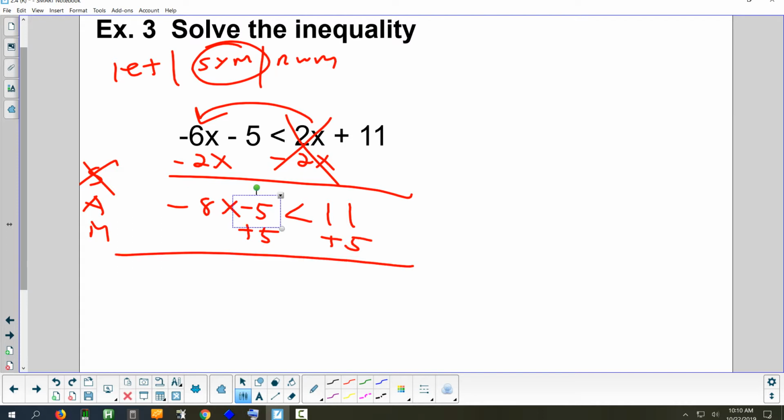Mackenzie, negative 5, plus 5. What happens? They're gone. We just cross them out. So now I look what's left. Negative 8x. And Princess, 11 plus 5 is going to give me 16. How about my sign? Should I be flipping it yet? No, I added. Don't ever flip it when you add. Keep it the same.